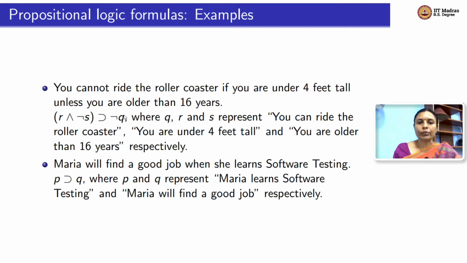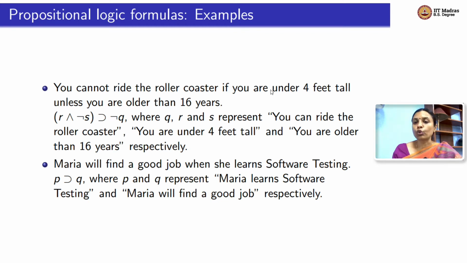So here are some examples. Suppose you had a condition like this. One cannot ride the roller coaster if you are under 4 feet tall unless you're older than 16 years. I can naturally express this as a formula in propositional logic. Let's see how to do that. There are three parts to it. One is riding the roller coaster.